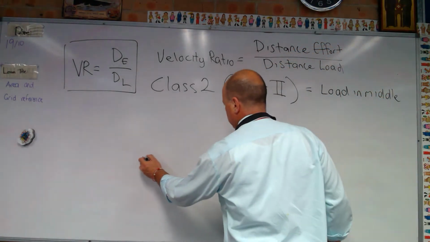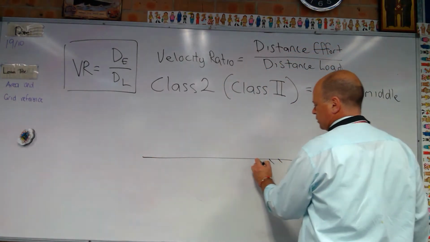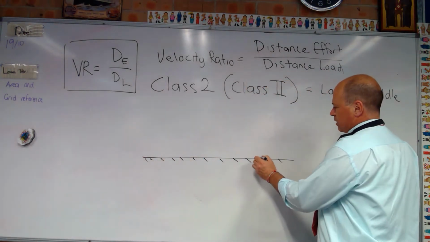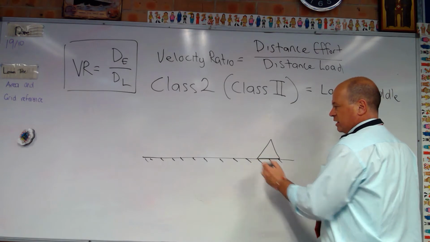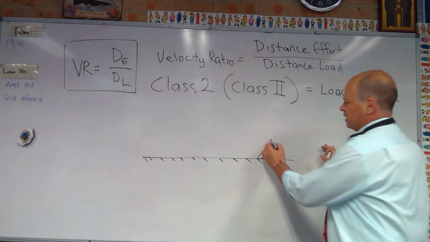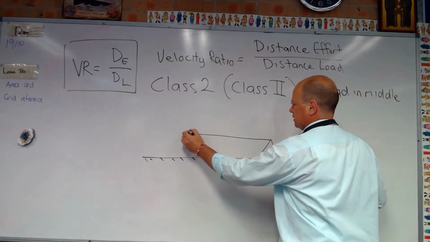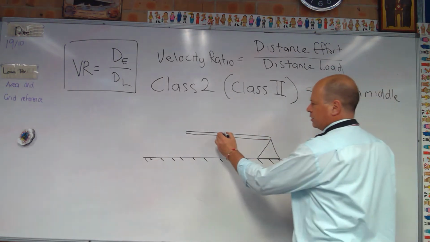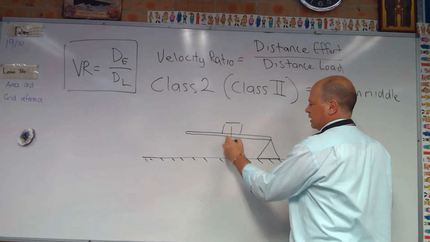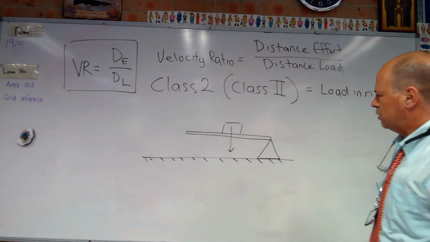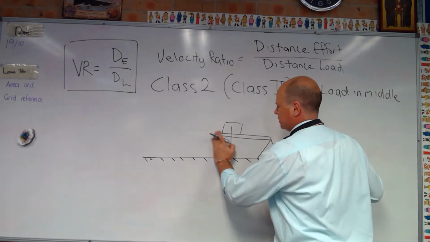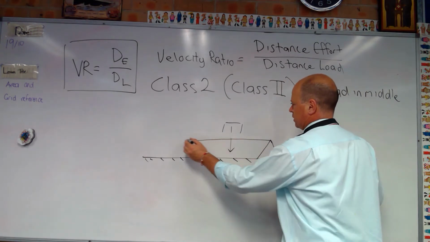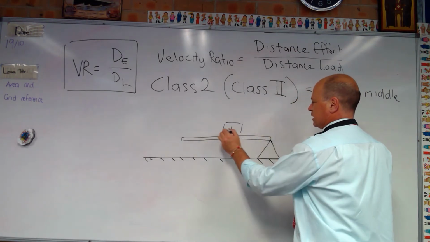So we're going to think about our wheelbarrow. It pivots on the wheel, so we're going to think about the wheel as being the fulcrum. It's going to be at the front of our lever. Then our lever is here, and our load is here. For the example of this problem, we're going to assume we're dealing with a horizontal situation. Later on we do moments and talk about perpendicular distances, and it gets a little bit more confusing.